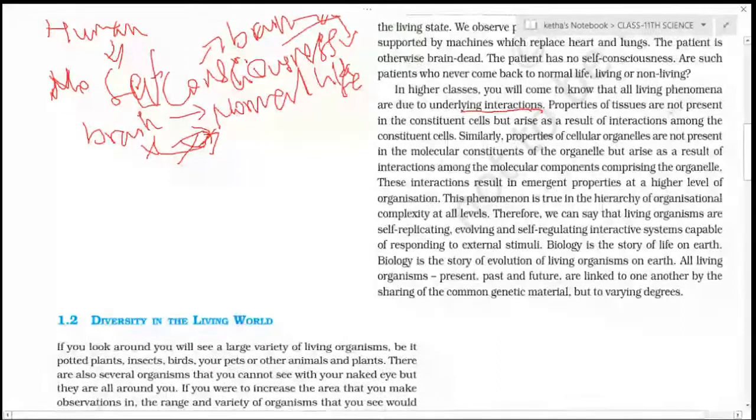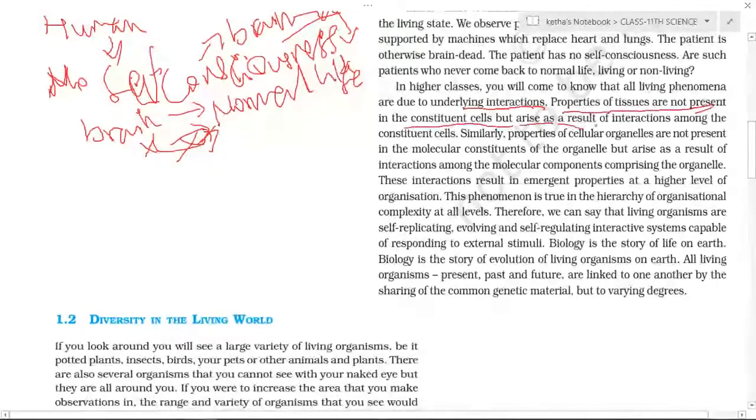Properties of tissues are not present in the constituent cells but arise as a result of interactions among the constituent cells.